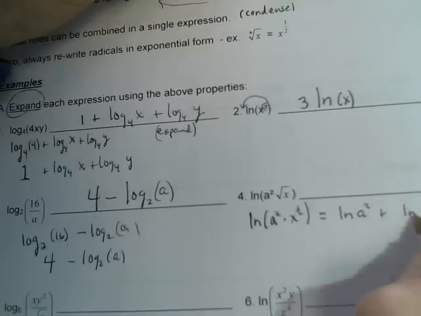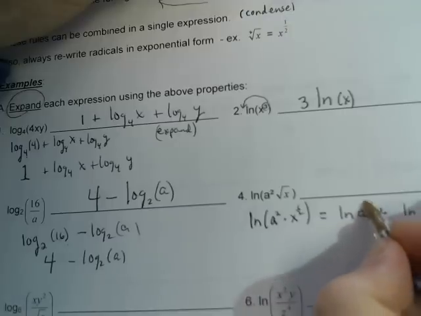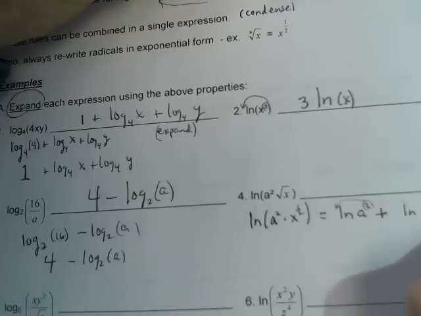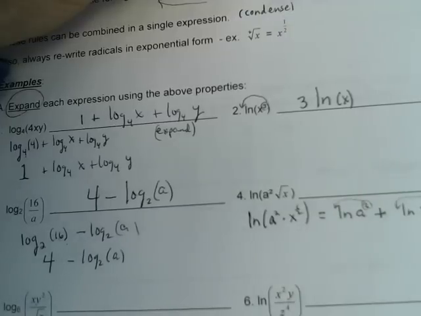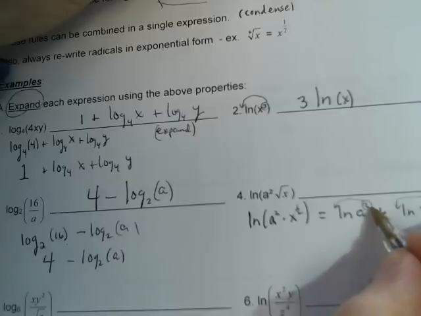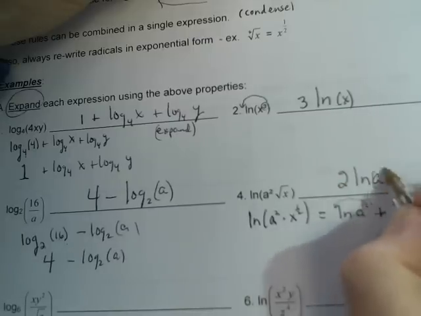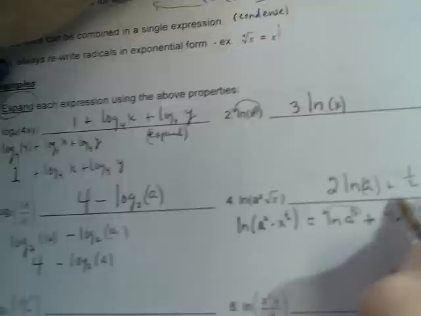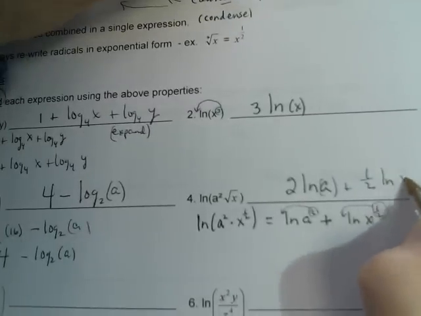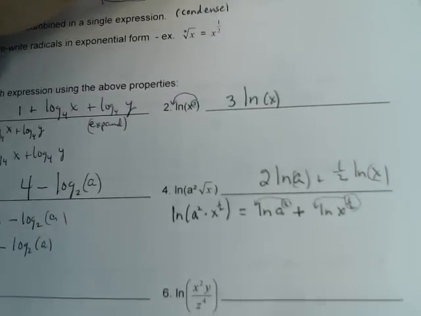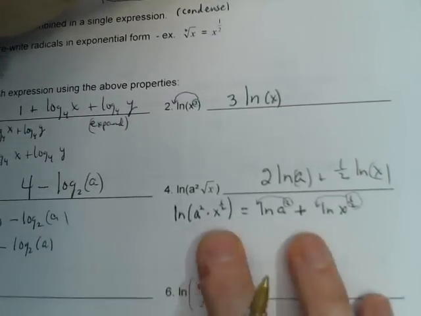The product splits into 2 logs with a plus sign in between. And then we're going to circle this exponent and drop it down front, circle this exponent and drop it down front. And our final answer will be 2 times the natural log of a plus 1/2 times the natural log of x. And that's it. We have 2 rules in one expression.